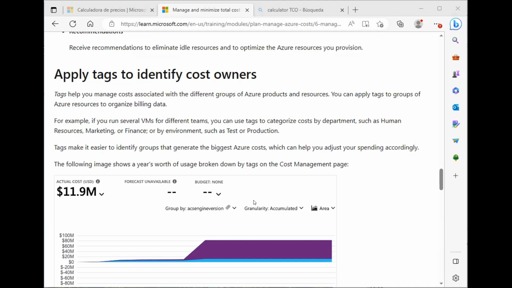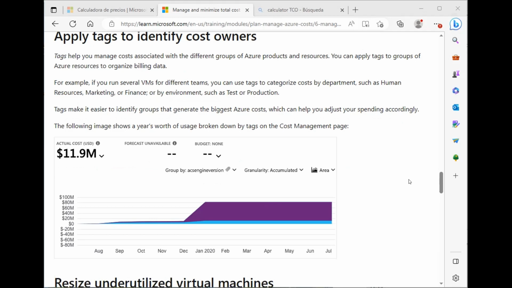Tags make it easier to identify groups that generate the biggest Azure costs, which can help you adjust your spending accordingly. The following image shows Azure costs broken down by tags on the cost management page.